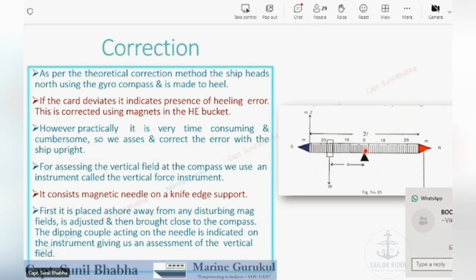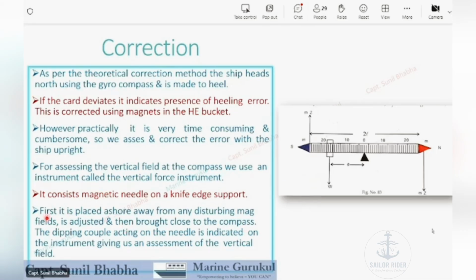As soon as it becomes horizontal, this tells us that at the compass location, the vertical magnetic field has been counteracted by the heeling error bucket. So whatever vertical magnetic field was present at the compass location, which was causing the needle to go up and down, has been corrected now using the heeling error bucket.